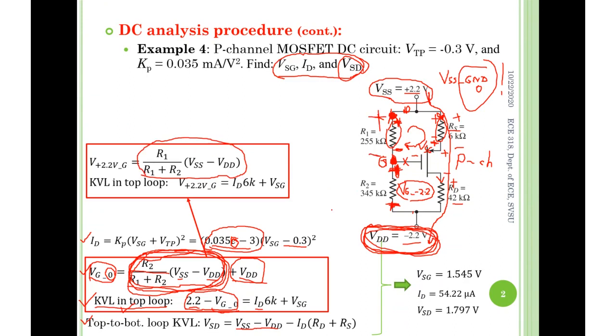Does this make sense? The numerator now is R1, not R2 anymore. By this simple voltage divider, what you got is the voltage across R1, exactly what we need, and then place it into the VSG loop KVL. Done.